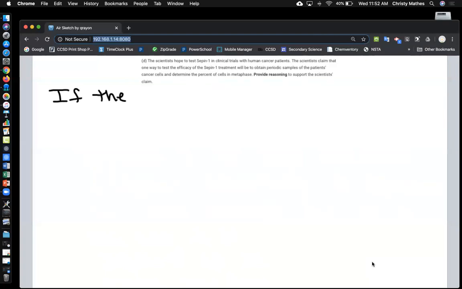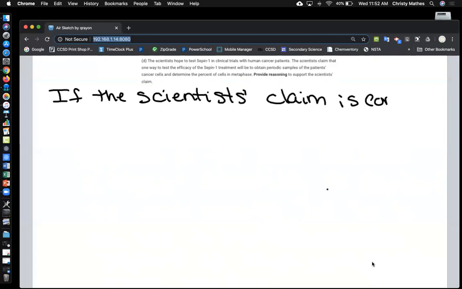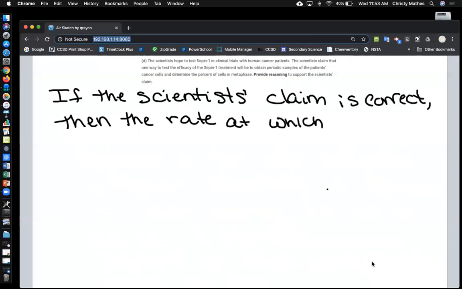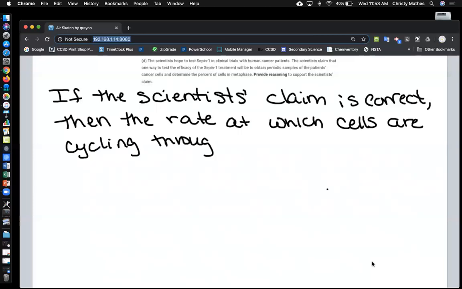So if the scientists' claim is correct, then the rate at which cells are cycling through mitosis will decrease, right?